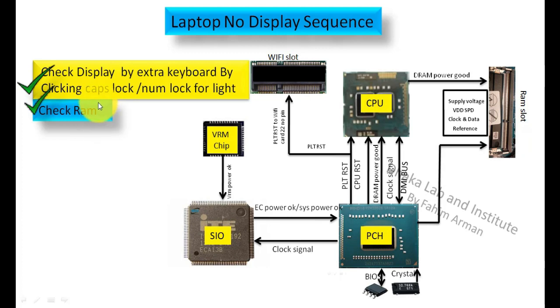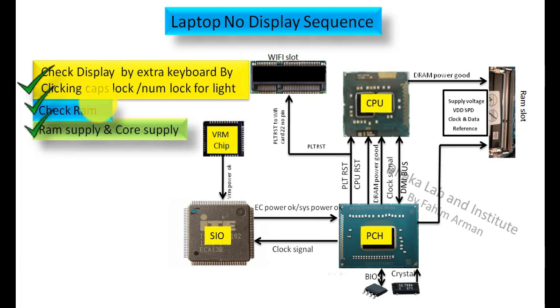So it's very important to check the RAM. And then if you change the RAM but there is still no display, then disassemble your laptop, open the motherboard, and try to check your RAM supply.